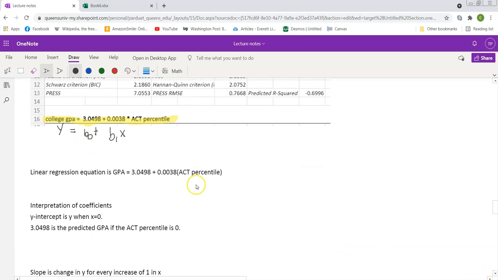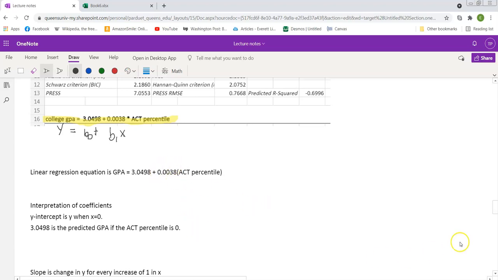Now for the slope, and in this case the slope is 0.0038, that's the predicted change in y every time x increases by 1. Okay, that's just what it means to be the slope.